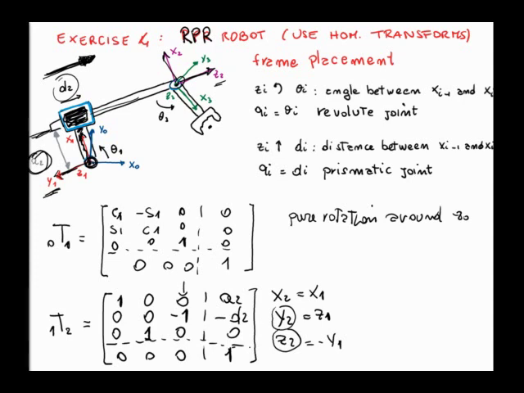Shouldn't it be 0 for the translation, a2 on x, 0 on y, and d2 on z? Because we do the translation, the rotation, and so we got the reference frame, the violet reference frame, and then we do the translation.